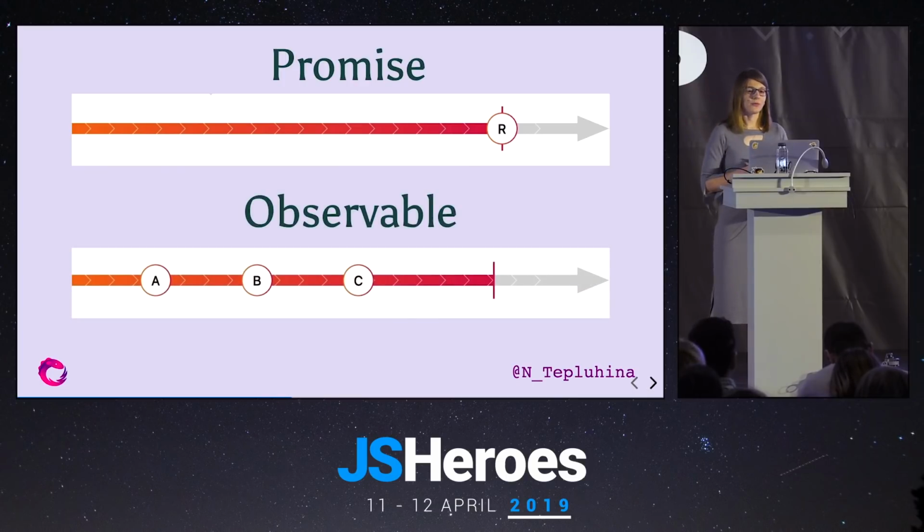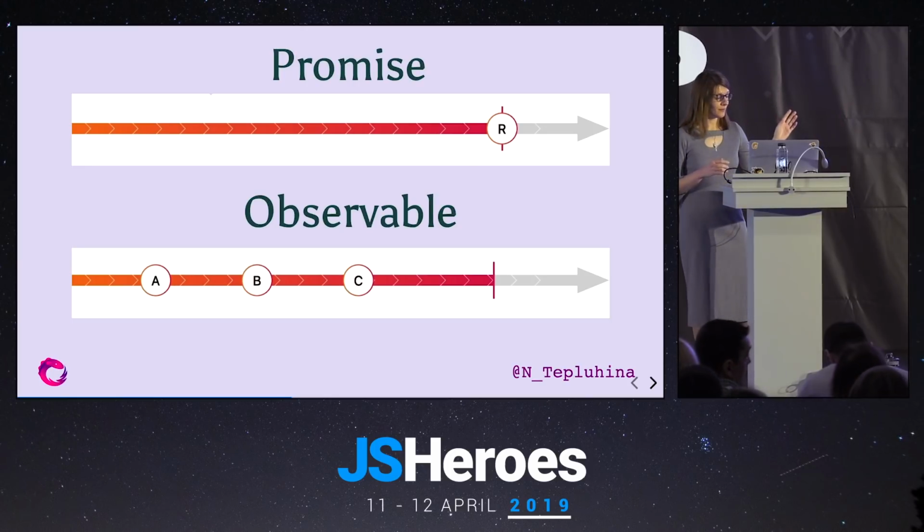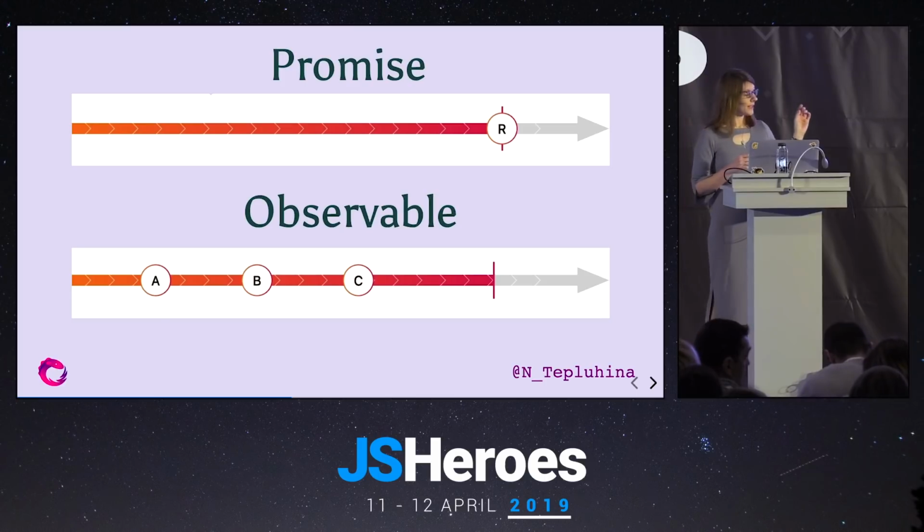Let's have a look at observable. Observable will emit values over time, and at some moment of time, it completes as well. But this moment can be completely separate from the latest emitted value. And also, at any moment of time, observable can throw an error.